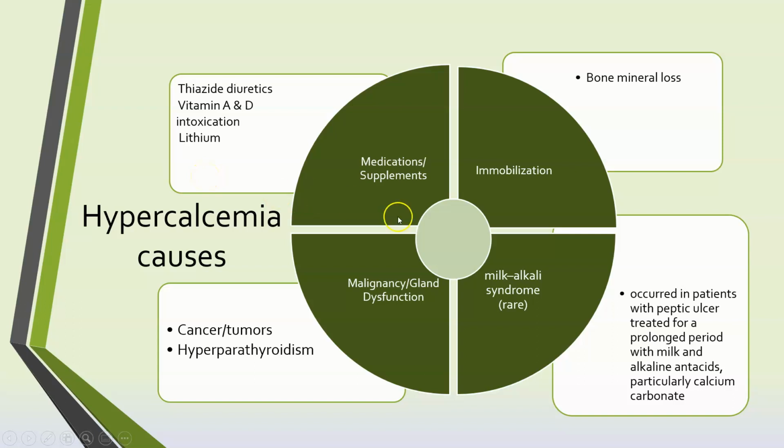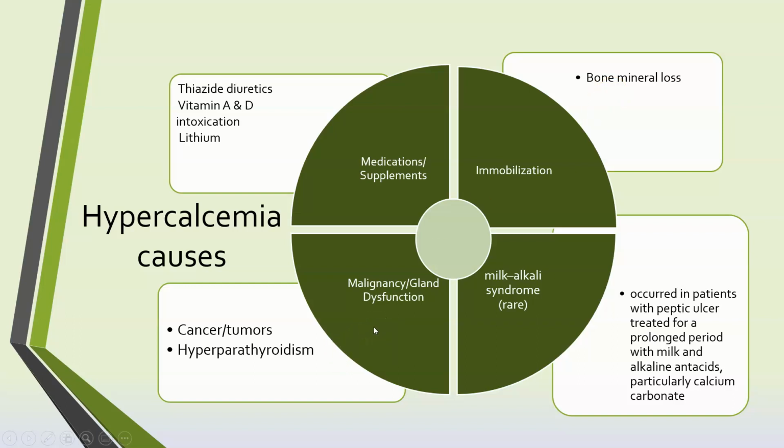Causes of hypercalcemia can be from medications and supplements: thiazide diuretics, vitamin A and D intoxication, and lithium. It can be from immobilization. When a person doesn't move, they don't have that weight-bearing activity to help push the calcium back into the intracellular, so it will stay in the extracellular, and it will result in bone mineral loss.